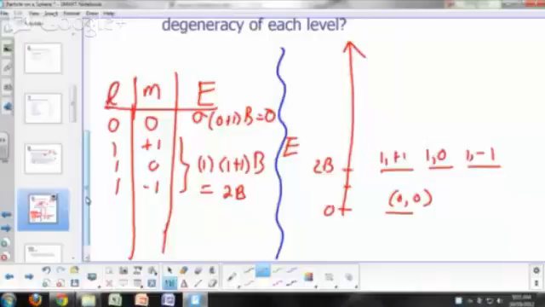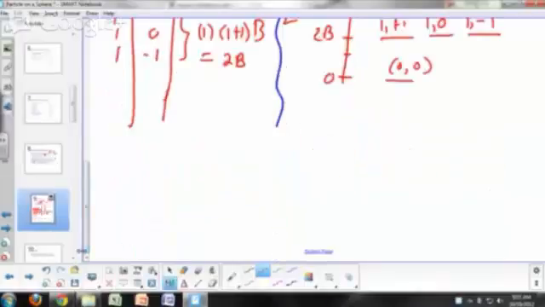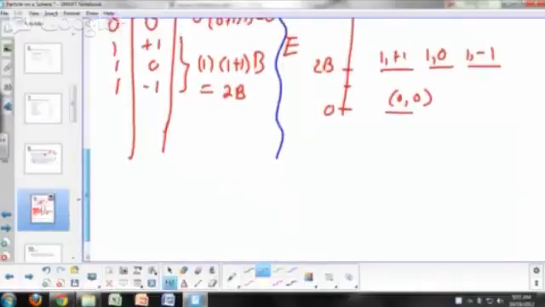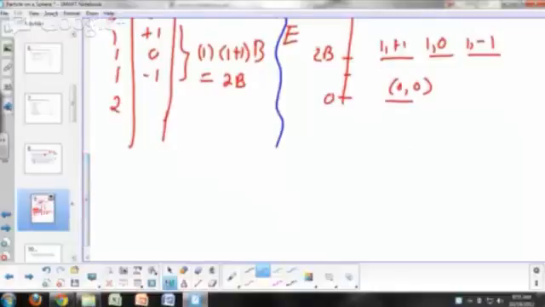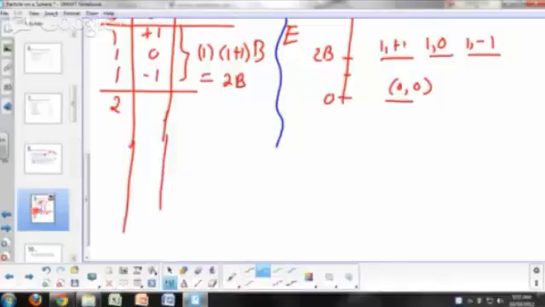What's the next energy level going to be? For L equals 2, what are the possible values of M sub L? Plus 2, plus 1, 0, negative 1, negative 2. It doesn't matter what order I list them.